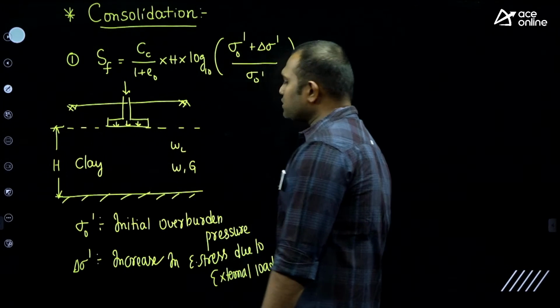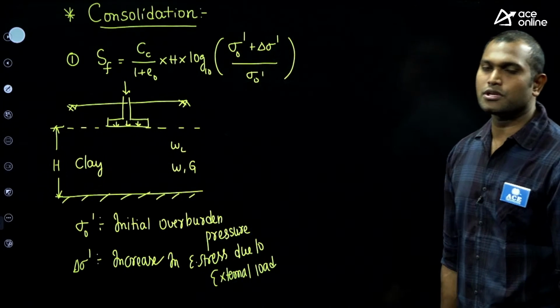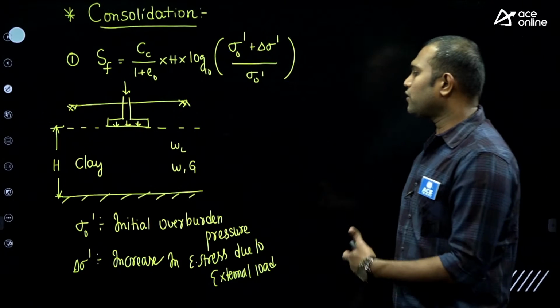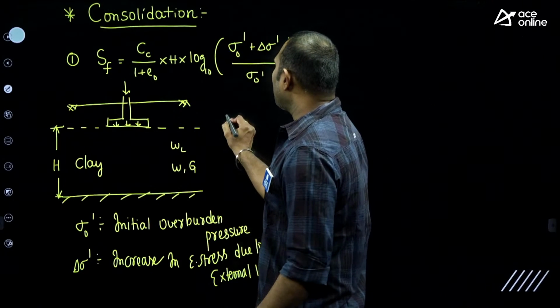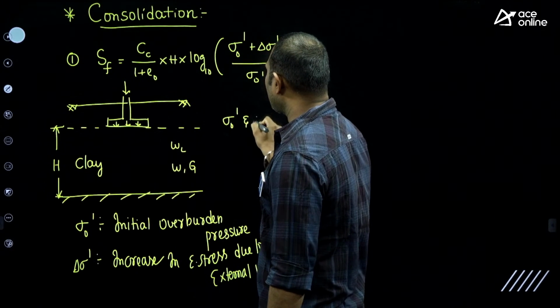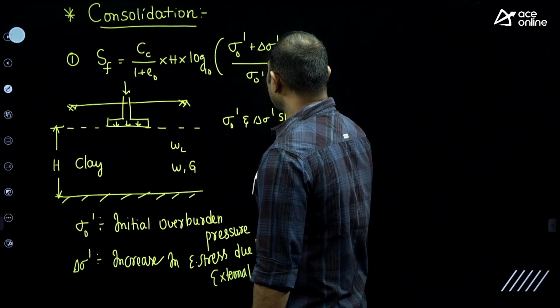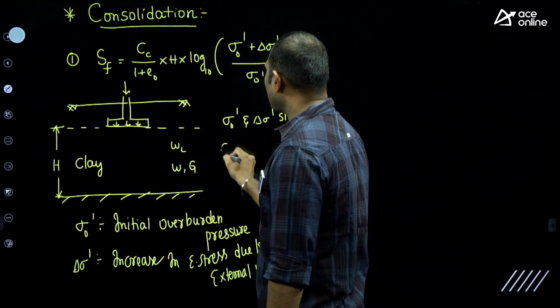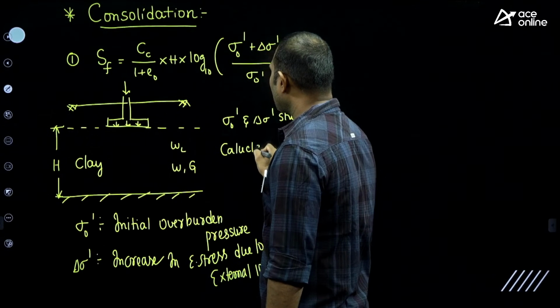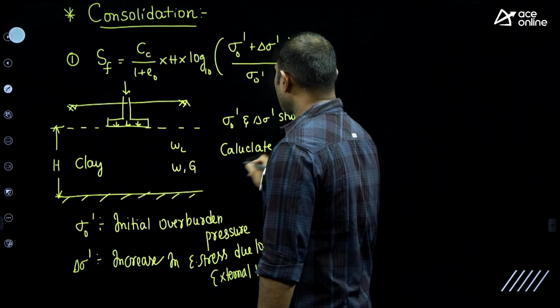So we use either the 2 vertical to 1 horizontal distribution or Boussinesq's theory to find those. And mind you, this sigma naught dash and delta sigma dash should be calculated at the center of the compressible clay layer.